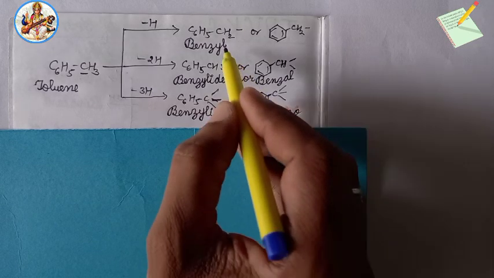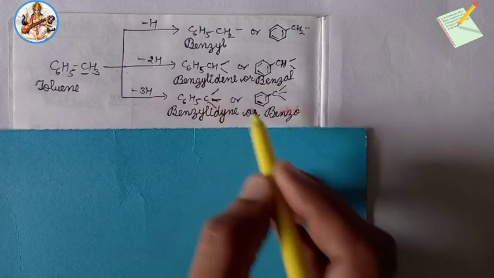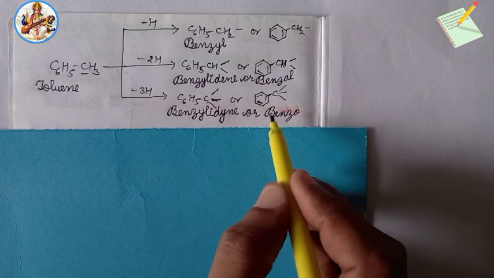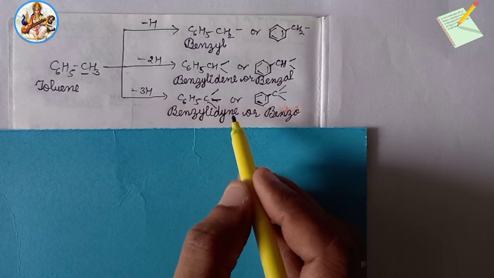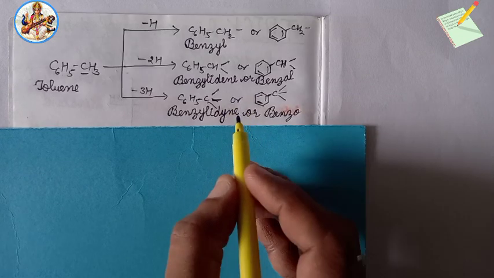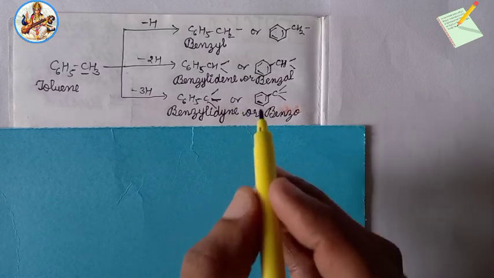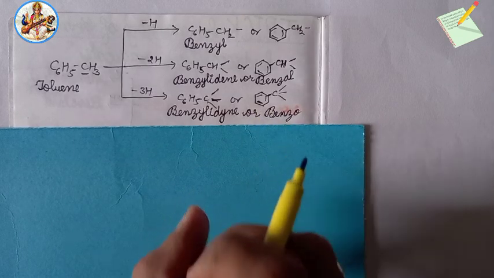I repeat, it is benzyl, it is benzylidene, and it is benzylidyne radical. If you don't know about the aromatic radicals, you can't write the naming of aromatic compounds. So these are so important.